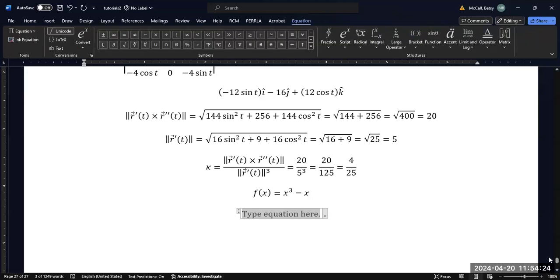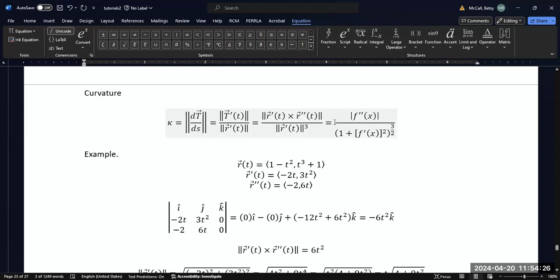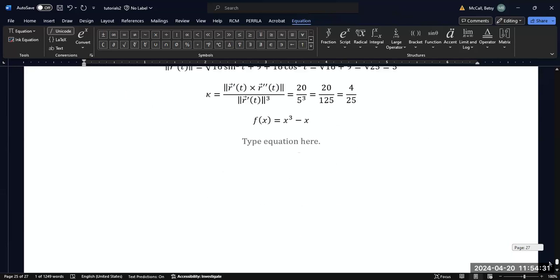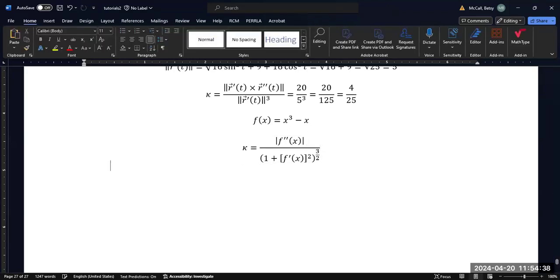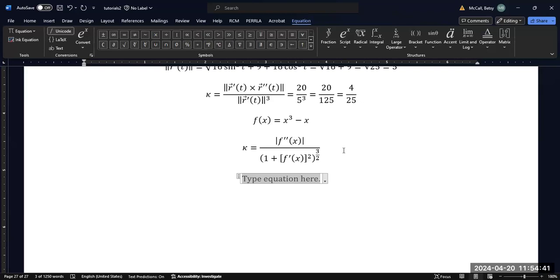So our formula for the curvature in this circumstance is going to be this one. So we're going to need to find f prime of x, which is going to be 3x squared minus 1, and f double prime of x, which is going to be 6x.